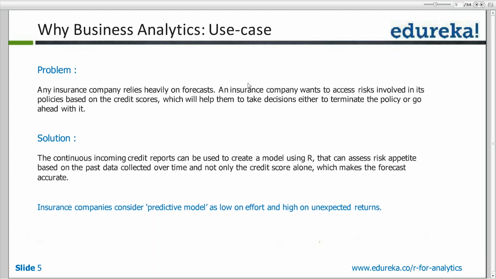So if there is a new policy that needs to be issued, we could plug in all of these values, demographic values or credit scores sourced from third-party credit scoring organizations into our quote-unquote equation, and then evaluate the premium that needs to be quoted to the individual in question.